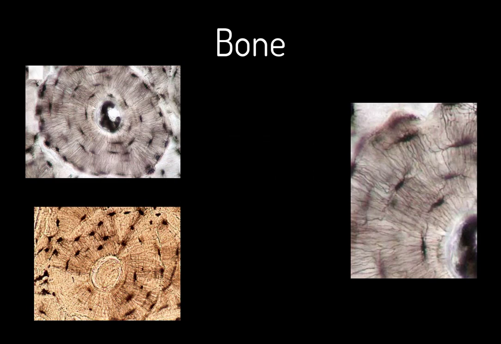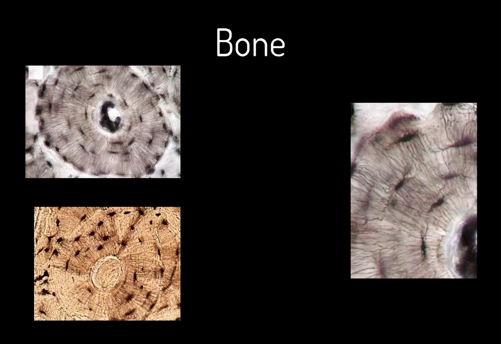All right, so the center of the merry-go-round is the central canal or the Haversian canal. And then the spiders are arranged in rings that are called lamellae. The backs of the spiders are the lacuna, and then the spider's legs would be called canaliculi. And the whole thing, the whole merry-go-round would be called an osteon. I hope that makes sense.